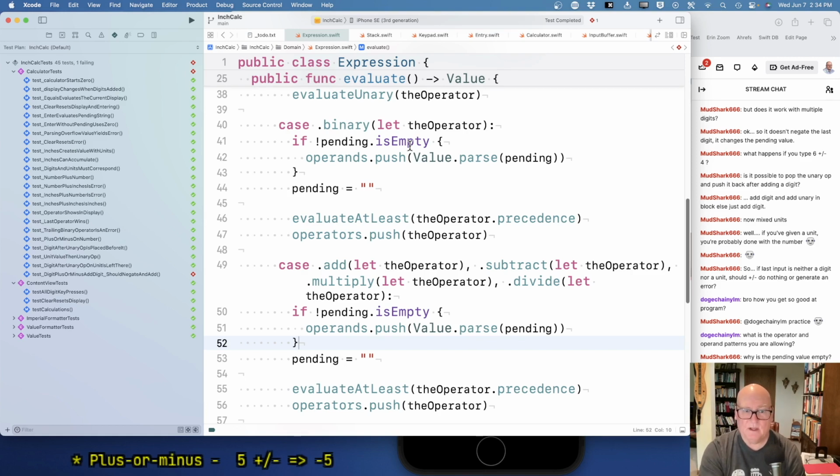But now it's expecting the operator digits, say, to be pushed to be pending, and they're no longer pending because the unary already took care of it. There may be a way to flip this around that would be better.